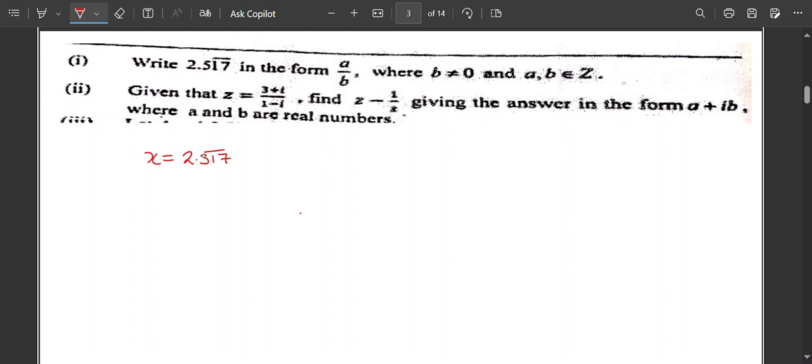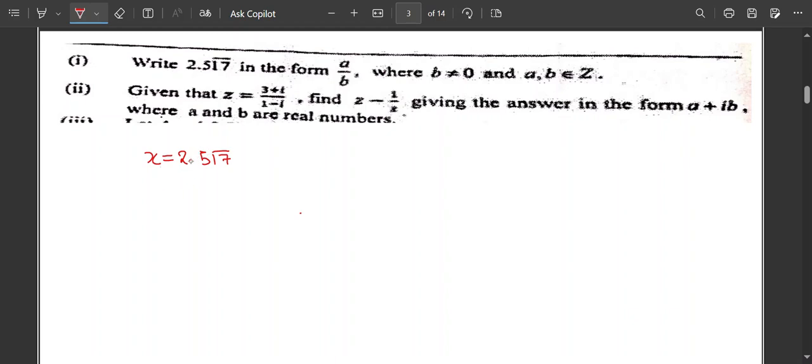The first thing you need to do here is bring the same thing the way it is there, 2.517 bar. Make sure the independent digit, the one which is not in the bar, comes to this side.